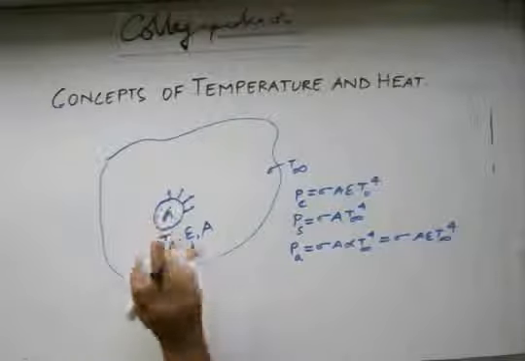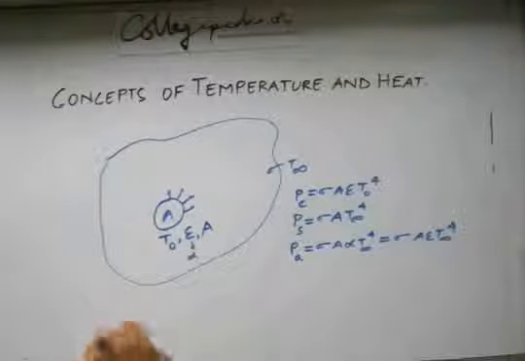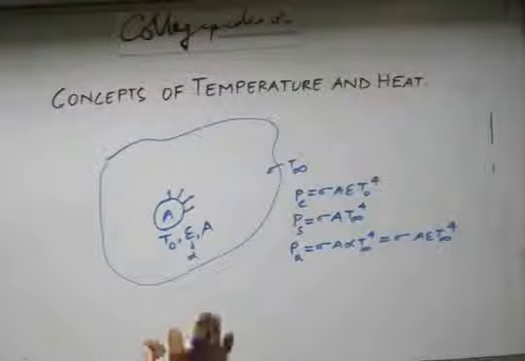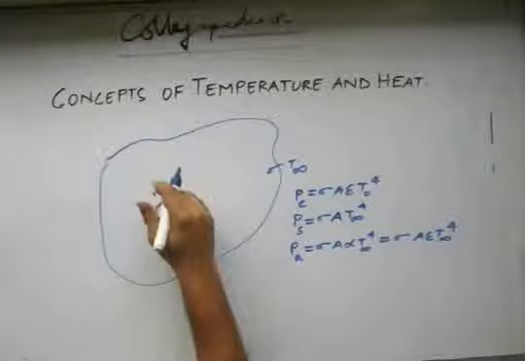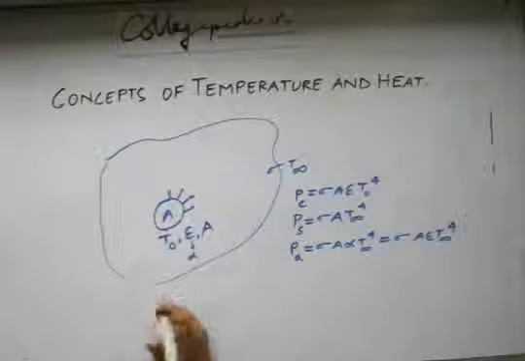If we consider any temperature T of this body at any instant of time, the net power emitted by the body is going to be equal to the power which it emits minus the power which it absorbs.